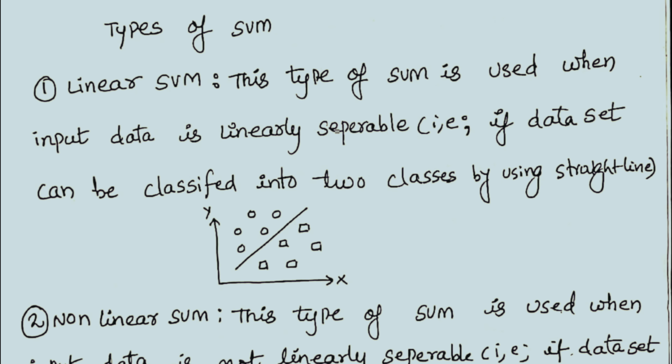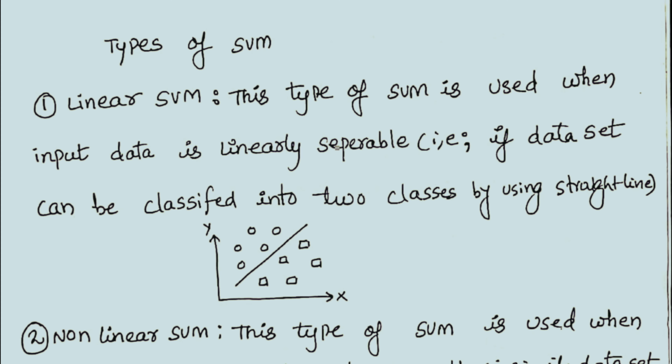We have types of SVM, one of the most important topics here. Types of SVM: first one is called linear SVM and second one is called non-linear SVM. So what is the meaning of linear SVM? This type of SVM is used when the input data is linearly separable, that is, if the data set can be classified into two classes by using a straight line.